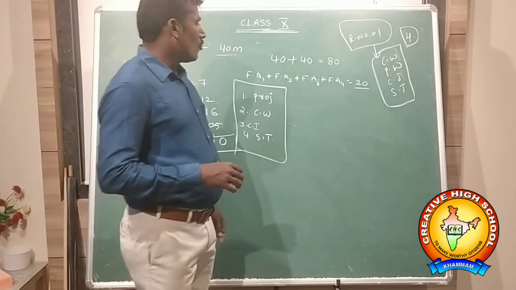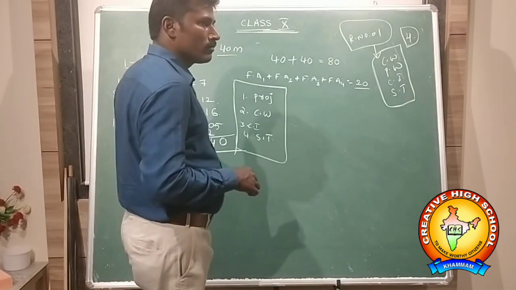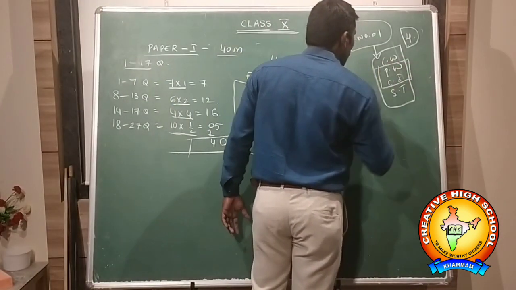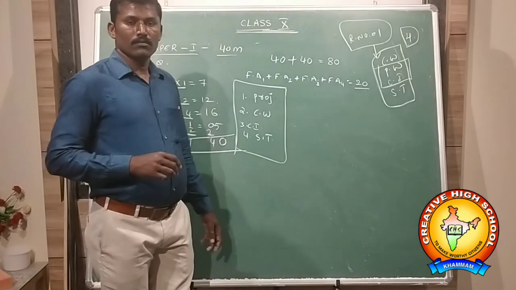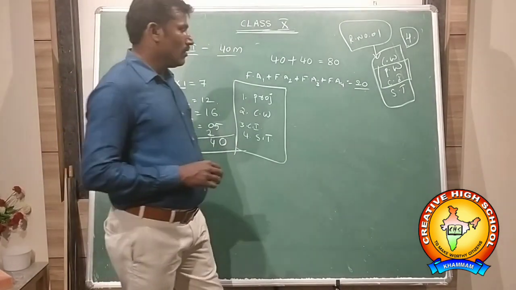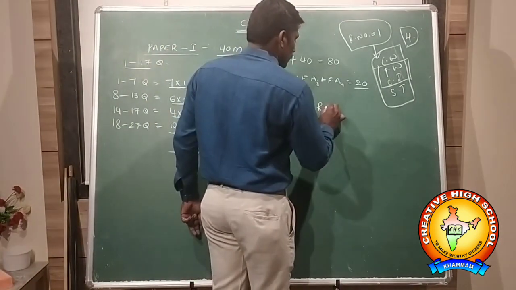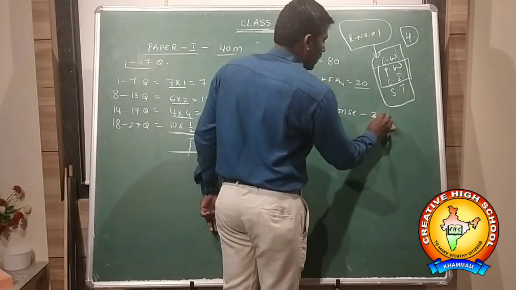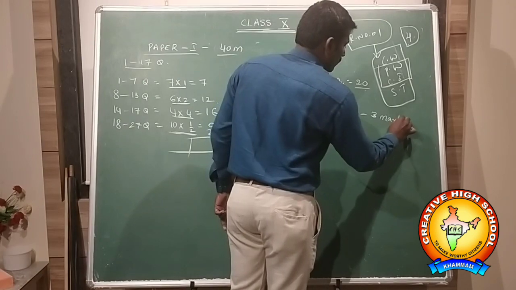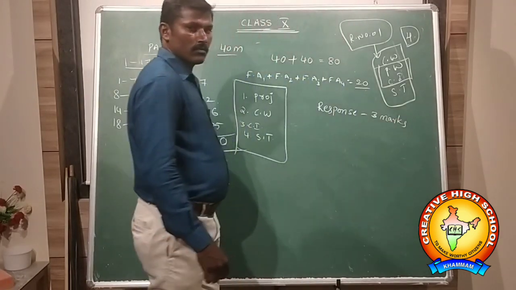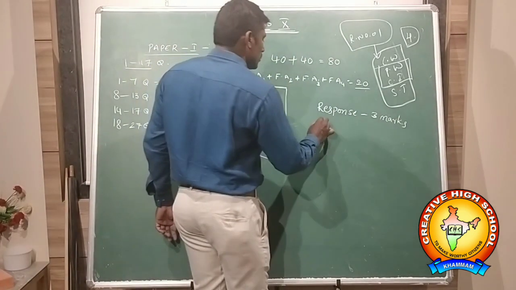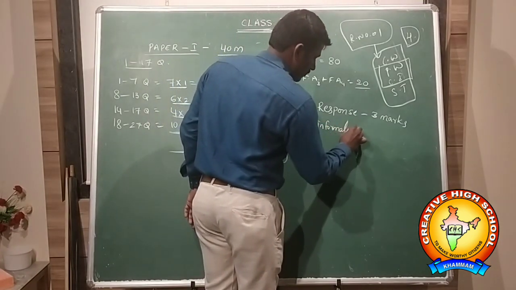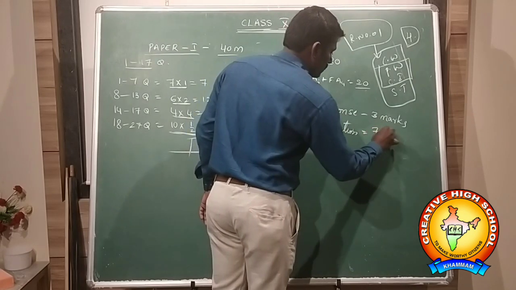While you write your project work or contemporary issue, how will the marks be allotted? 3 marks for your response, 7 marks for your information.